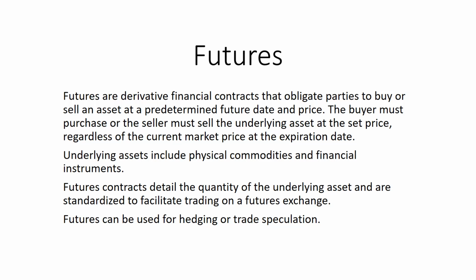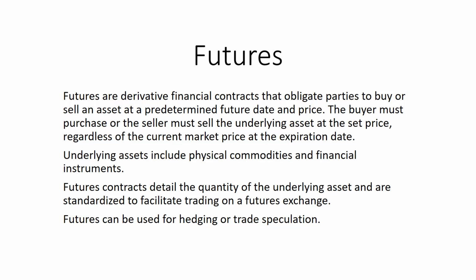But in case of option, there is no obligation to the buyer. He has the right to buy or sell. Okay, so that is the major difference. The obligation is there. If you have bought it, then on the expiry date, you have the obligation to buy it or sell it, but it is only on the expiry date.